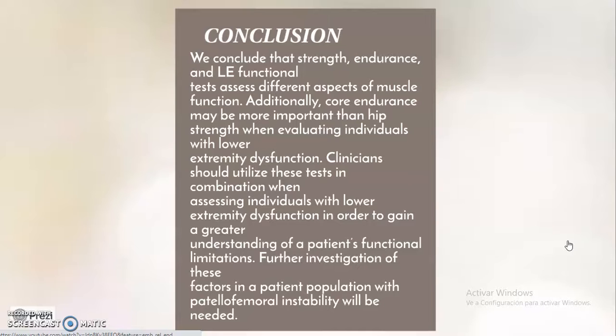Clinicians should utilize tests in combination when evaluating individuals with lower extremity dysfunction in order to gain a greater understanding of patient functional limitation. Further investigation of this factor in a patient population with patellofemoral disability will be needed.